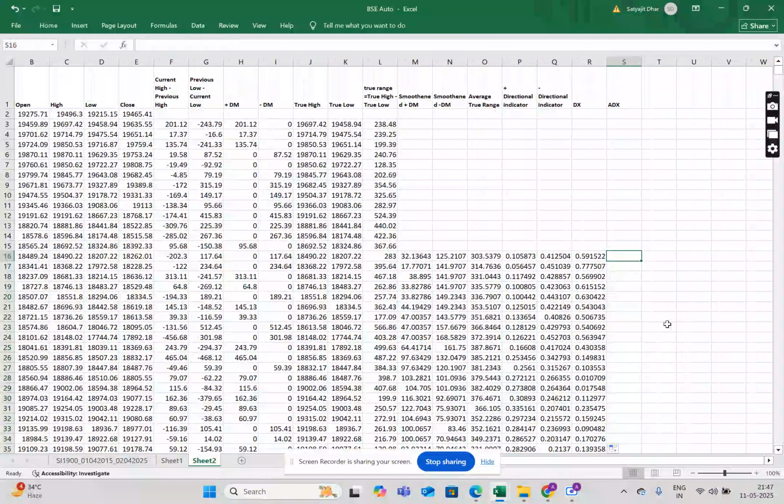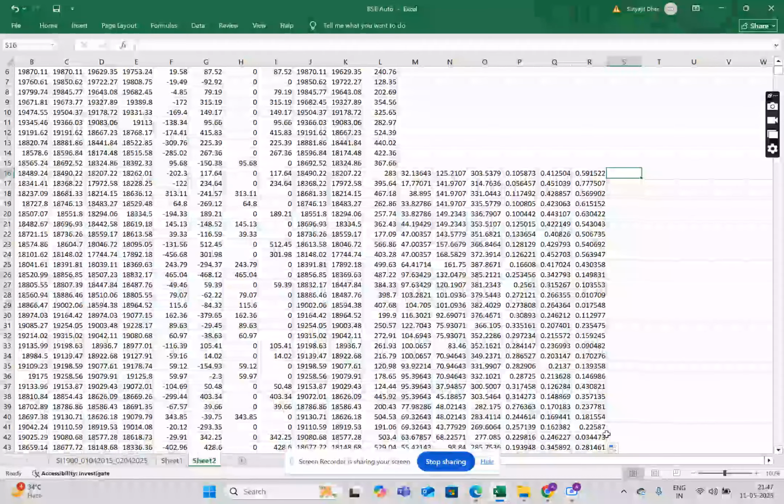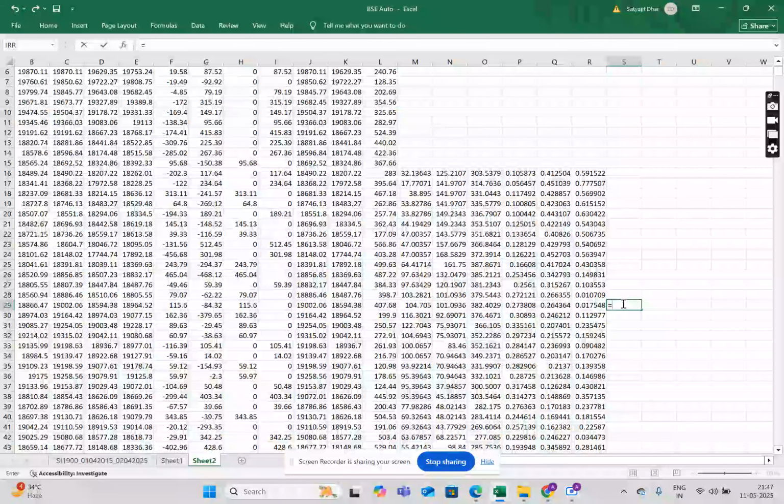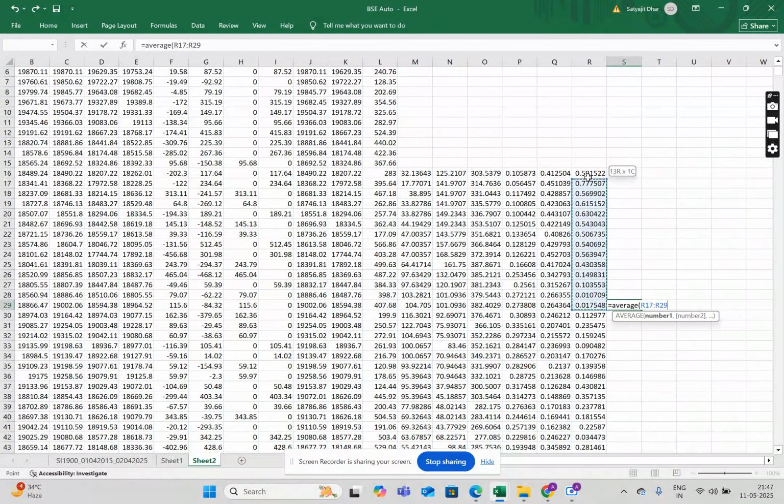Now we go to the average directional index, which is the average of the DX, that is the directional index, of the last 14 days. So including that day itself, okay. So 12, 13, 14. Yes, here we have equals average of 14 days.